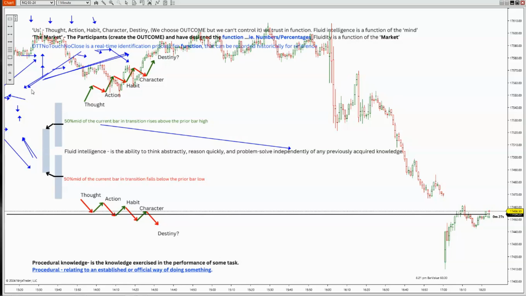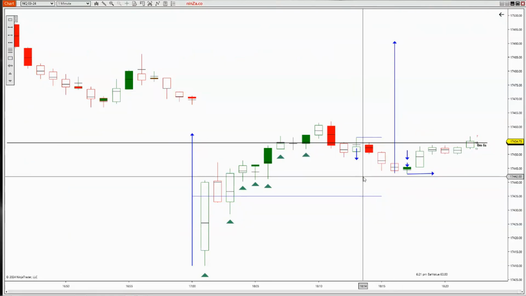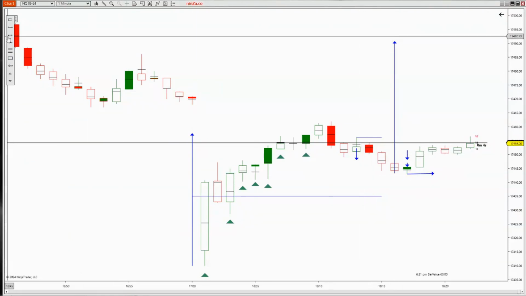We have to make sure that we're utilizing procedural knowledge. Procedural is relating to an established or an official way of doing something. So when you go to see the doctor and get any kind of procedure done, he's going to implement the same thing over and over and over again.